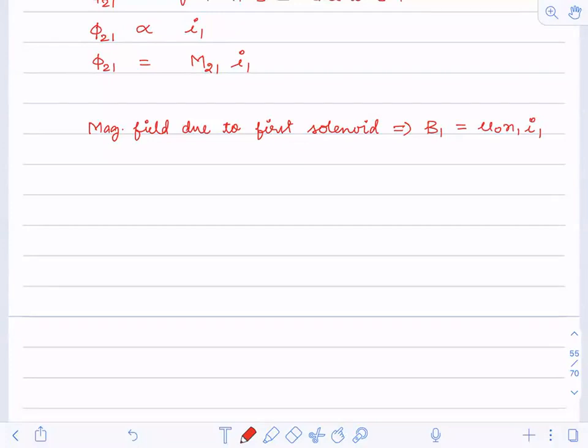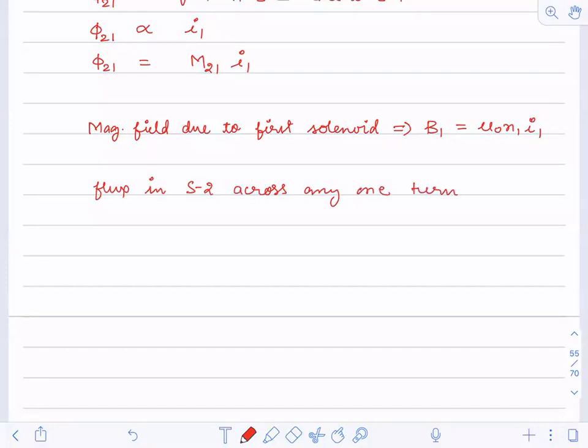Okay. Now flux in S2 across any one turn.